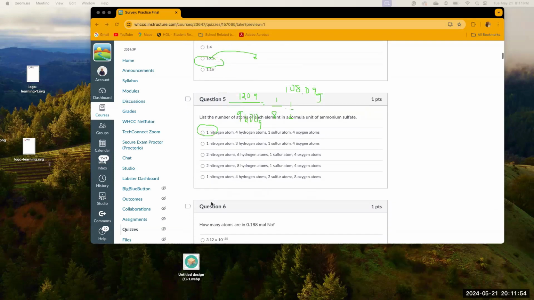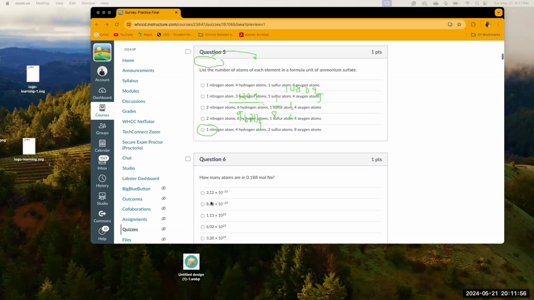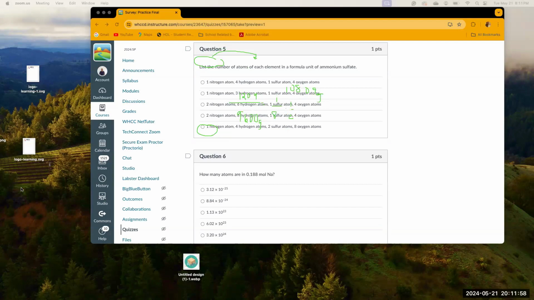Okay, number 5. List the number of atoms of each element in the formula unit ammonium sulfate. So we know ammonium. What is the chemical formula for ammonium? NH4.